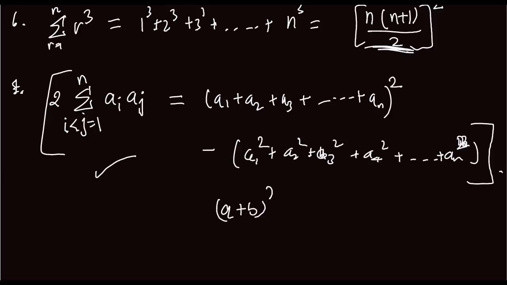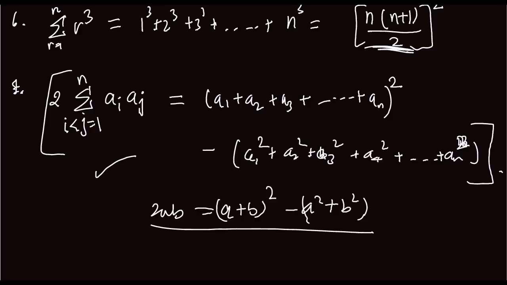It's like (a plus b) whole square minus a square minus b square, which gives your 2ab. This is derived from this property only, using mathematical induction. So these are 7 important results which you have to remember before appearing for IIT.